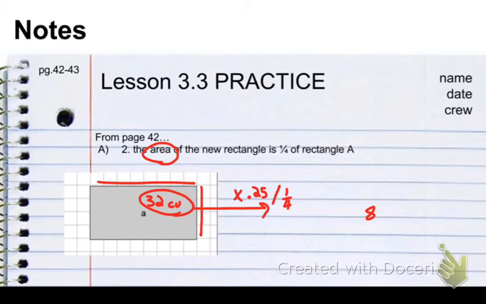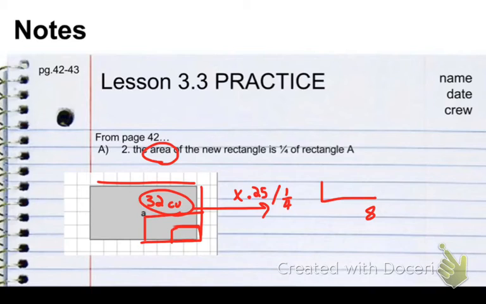Well, if I make it 1 by 2, which would be the same shape, I would only have an area of 2 units. That's no good. If I make it 2 by 4, I get, oh look, oh, that's a little too big, sorry. 2 units by 4 units. That is similar as well, and it matches the 8.